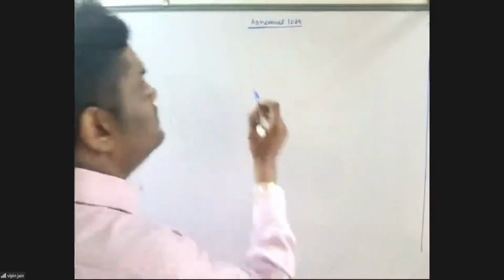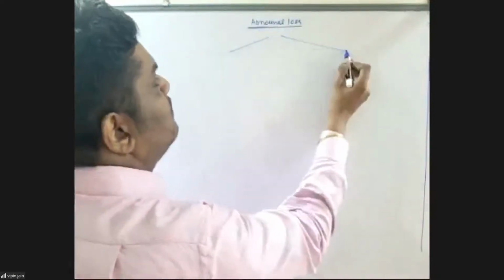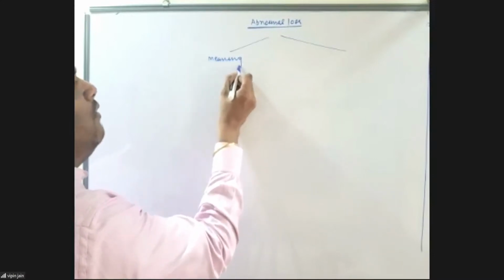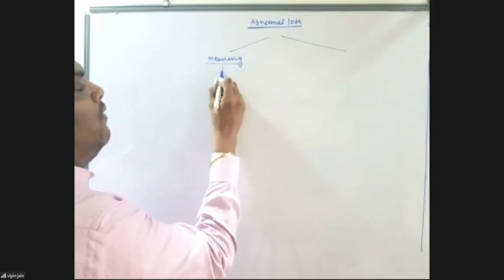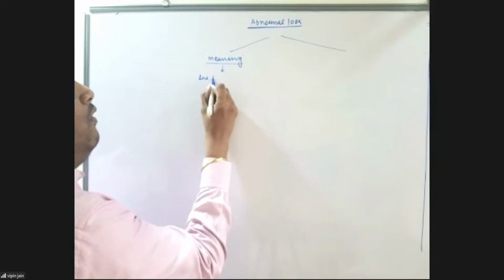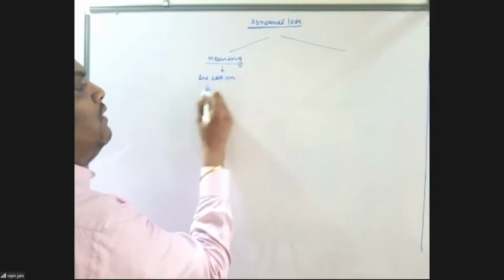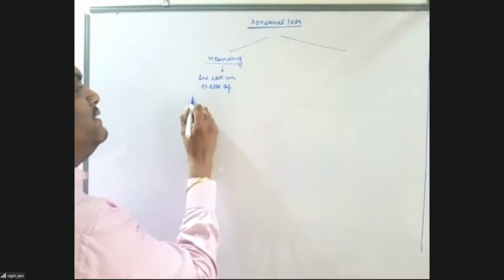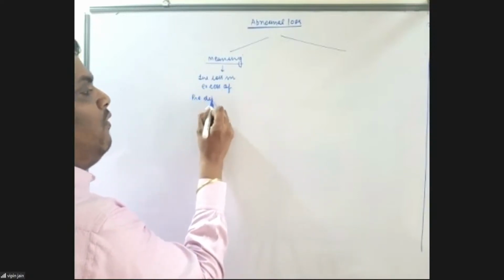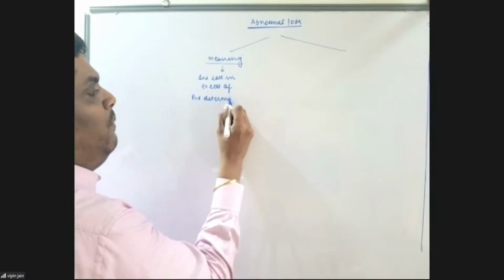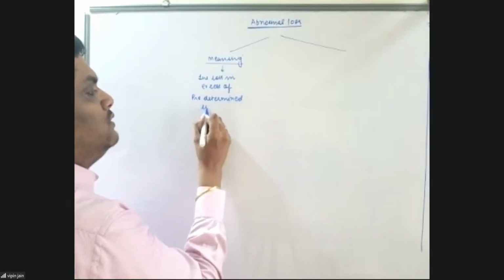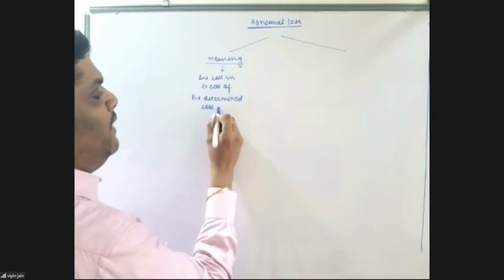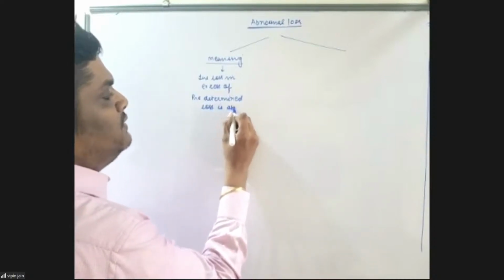What is abnormal loss? When talking about the meaning of abnormal loss, the loss in excess of predetermined loss.